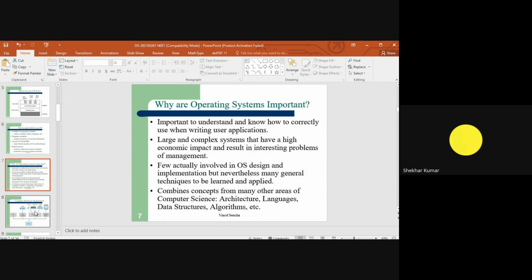Why is the operating system important? Operating system is important to understand how to use it correctly when writing user applications. Mainly it is used for the goal of the operating systems, the large and complex systems that have high economic impact.